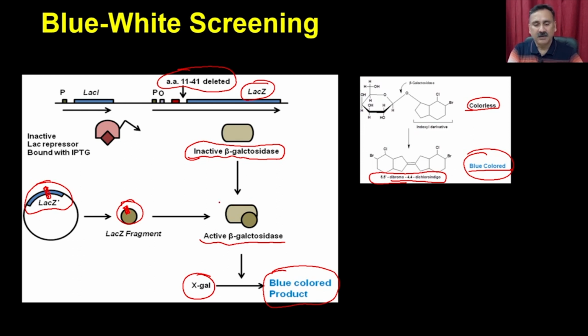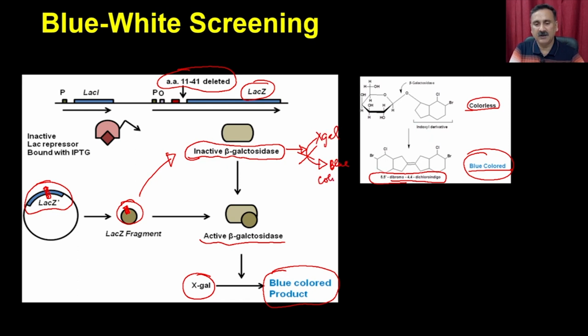scenarios. In scenario one, when only the vector is present, it is going to give you the active beta-galactosidase, and that's how it is able to convert the colorless X-gal into the blue colored product. But if the insert is present, it is going to give you the inactive beta-galactosidase, and the inactive beta-galactosidase will not be able to convert the X-gal into the blue colored compound.